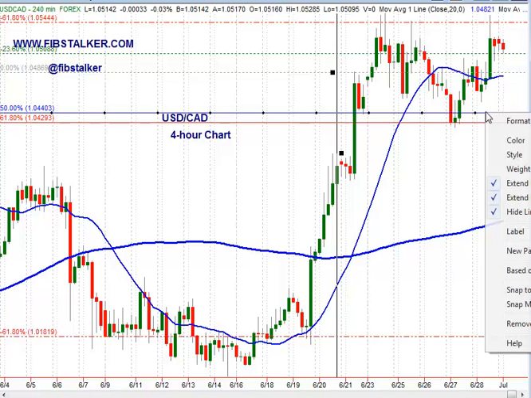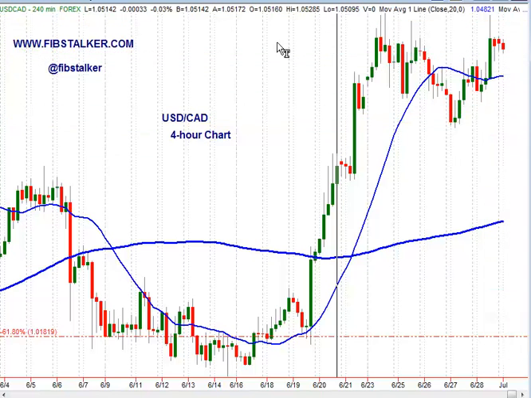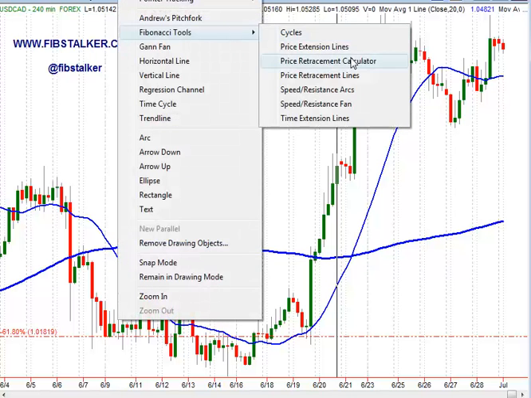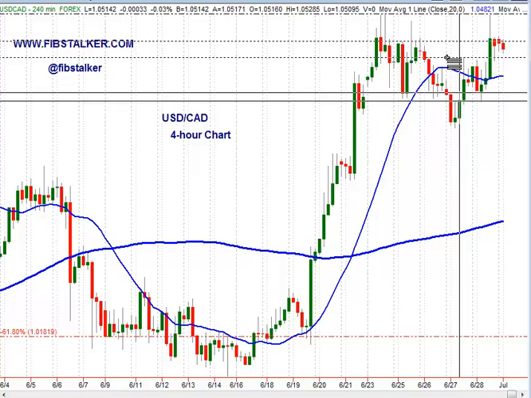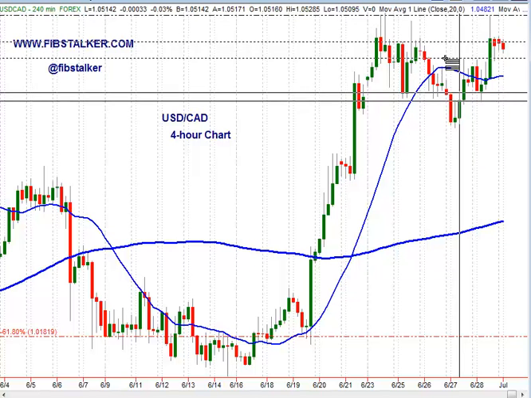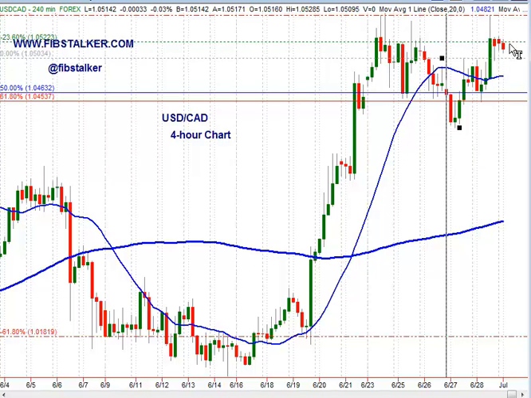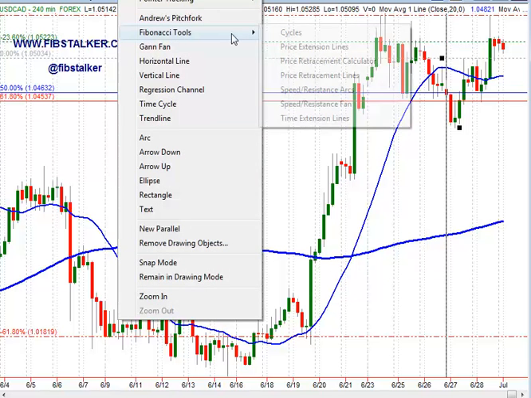So in order to confirm and have program trading start trading this market on the downside, we need to actually make sure that this sequence fails.